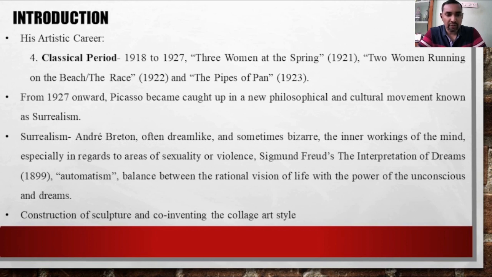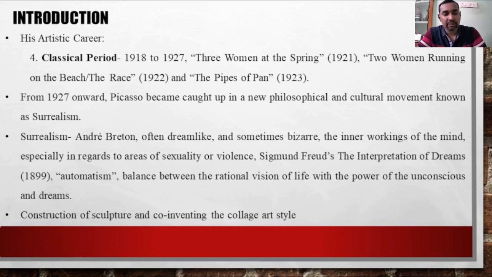Surrealist art is often dreamlike and sometimes bizarre. Bizarre means strange. That's because surrealist artists want to use art to show the inner workings of the mind, especially in regards to areas of sexuality or violence, which they consider to be frequently oppressed.